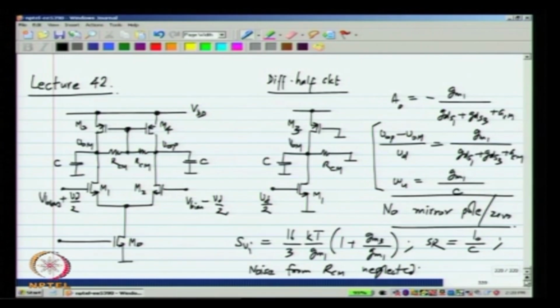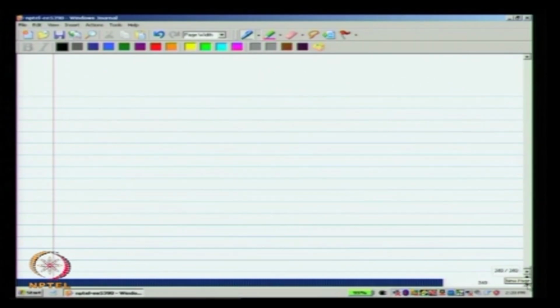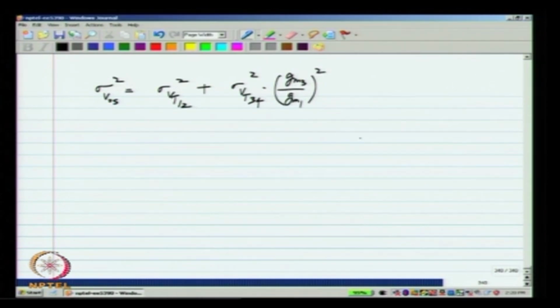And finally, the offset again will be similar to what we had in the single ended single stage op amp. It will be equal to sigma Vt1 squared, this is the mismatch between the transistors M1 and M2, plus the mismatch between the transistors that form the load, times Gm3 by Gm1 squared.